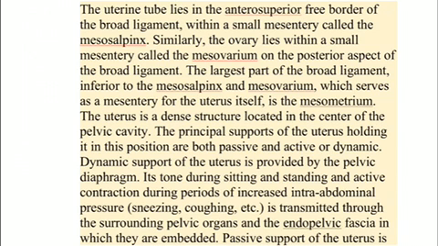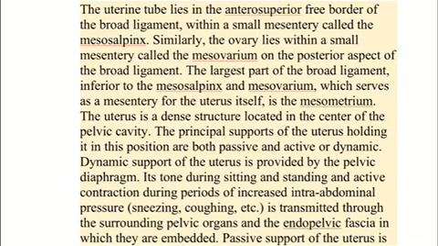The uterine tube lies in the anterior superior free border of the broad ligament, and the uterine tube lies within a small mesentery called the mesocervix. Also, the ovary lies within a small mesentery called mesoovarium, and the mesoovarium is on the posterior aspect of the broad ligament. The broad ligament is actually doing so much, serving as refuge for many structures.